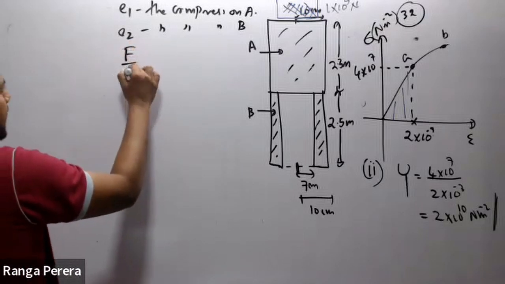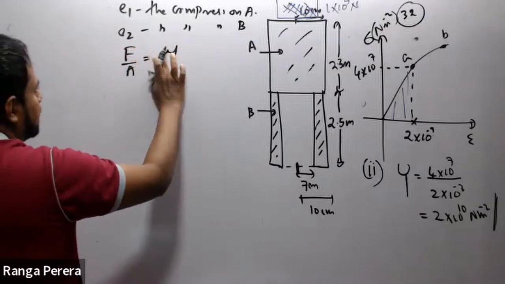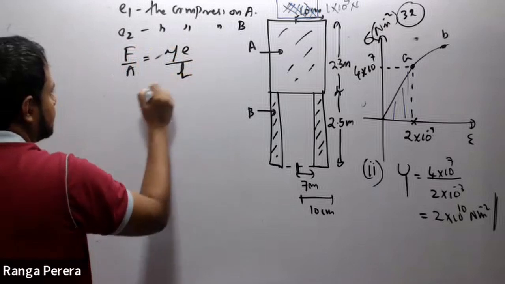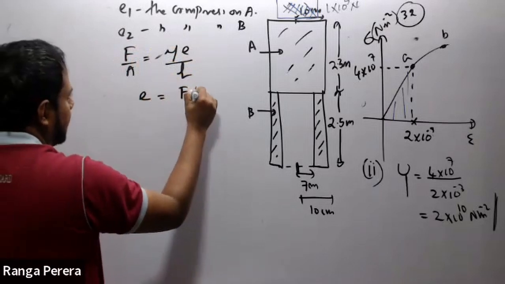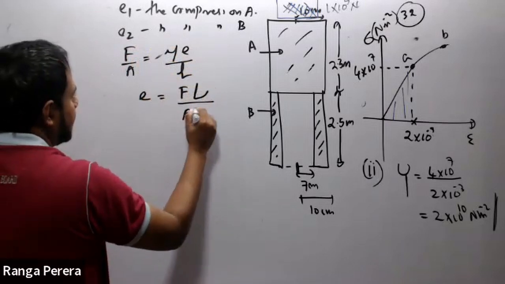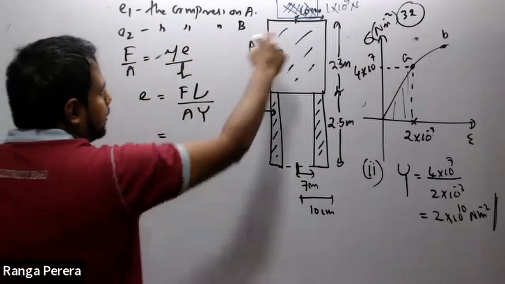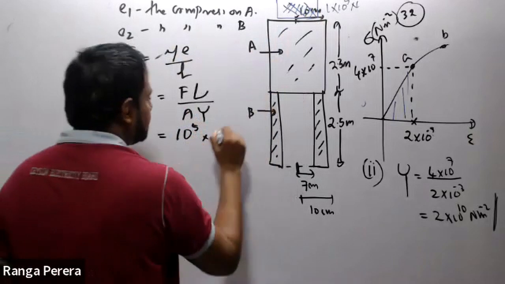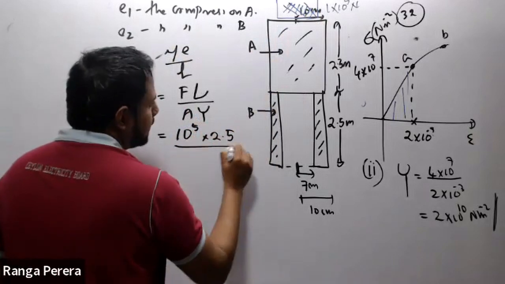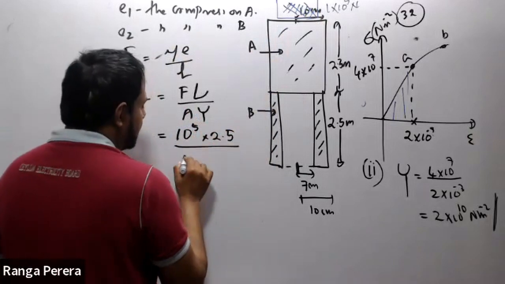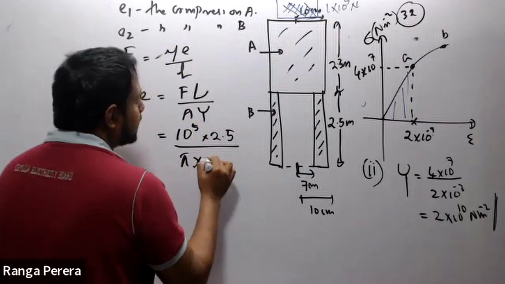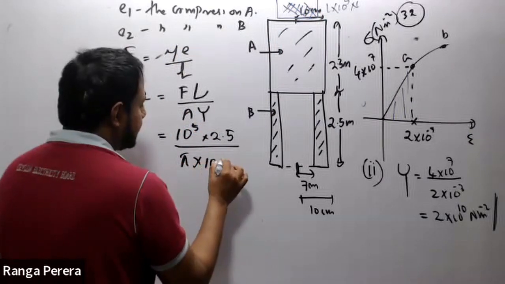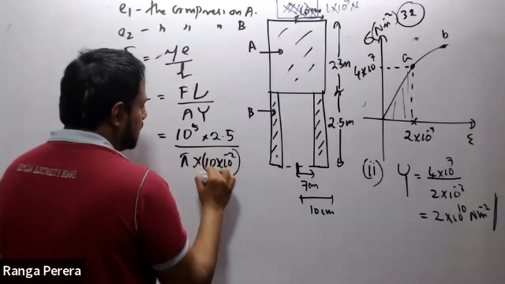F over A equals Young's modulus times e over L. So e equals F L divided by A Y. F is 10 to the power 5, L is 2.5, divided by the cross section, pi R squared, where R is 10 centimeter, 10 to the power minus 2 squared.